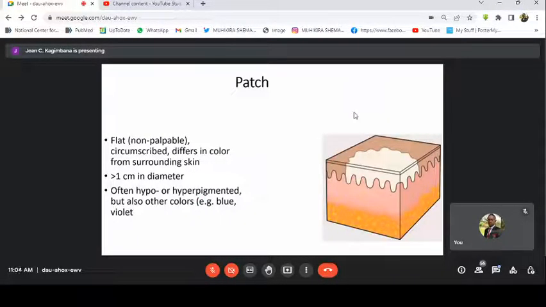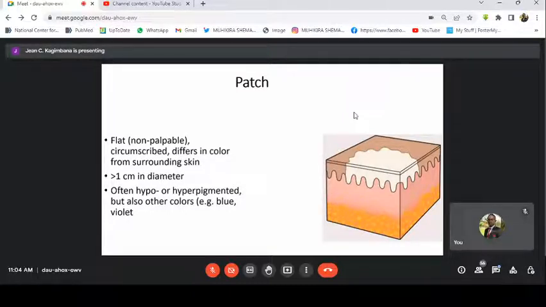Now, a patch is the contrary of the macule. It's a big macule, if I can say. More than 1 centimeter. Again, you have to characterize it by its color. Often hypopigmented, hyperpigmented, or depigmented.